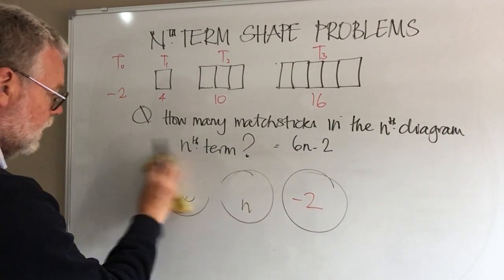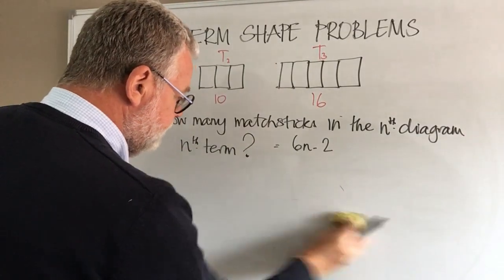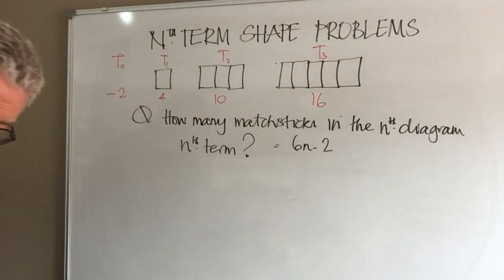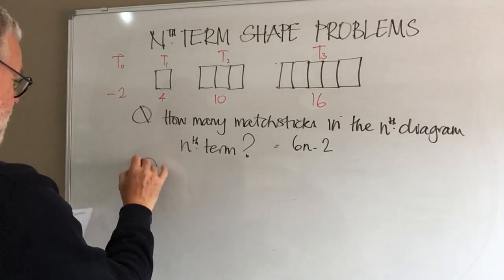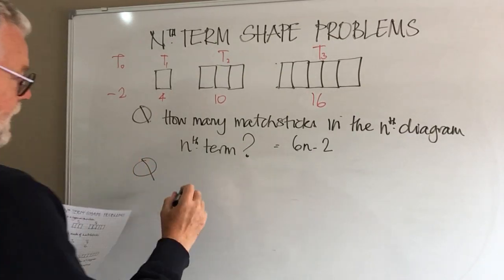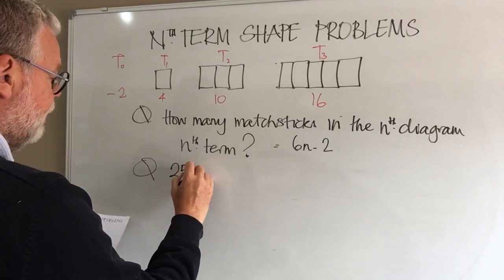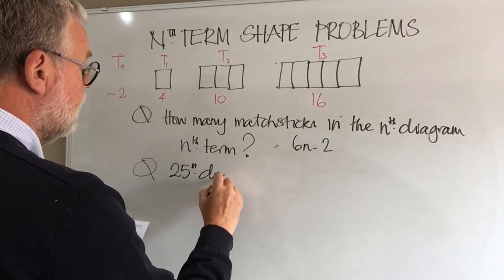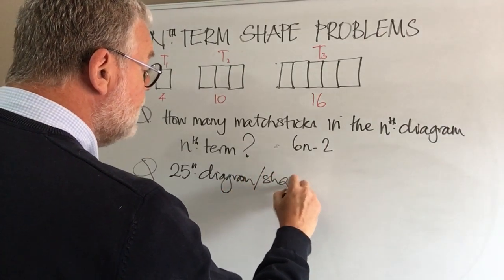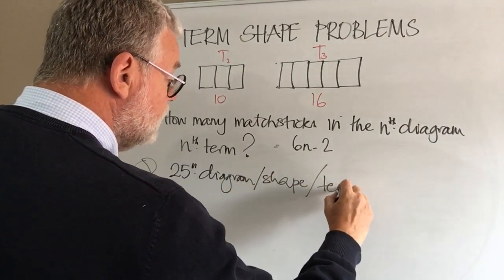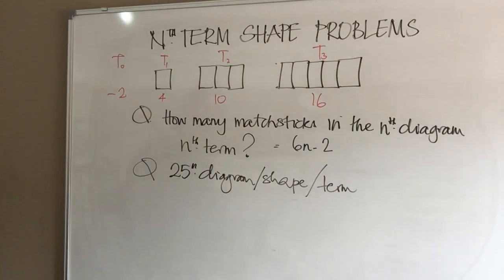Now, using that information, the next question might say, how many matchsticks are there in the 25th diagram or shape? Well, that means the 25th term, don't we?